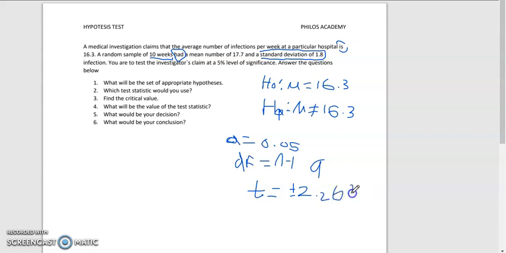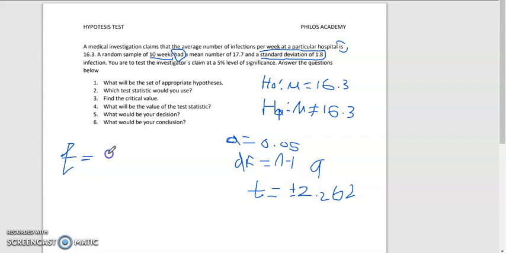So quickly, let's go. Now, the next one says, what will be the value of the test statistic? To get the value of the test statistic, you are going to use the formula for t.